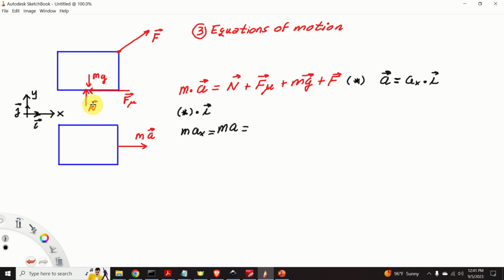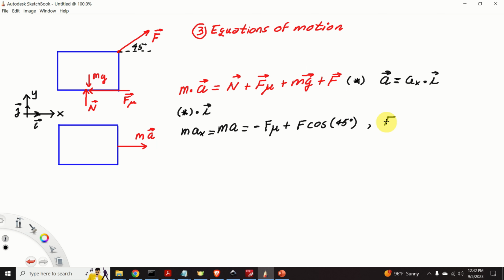Obviously, N doesn't have an x projection, as well as mg. However, F mu has the projection, and we need to write minus F mu. Also, the force F has the x projection, and that projection is plus F cosinus 45 degrees.